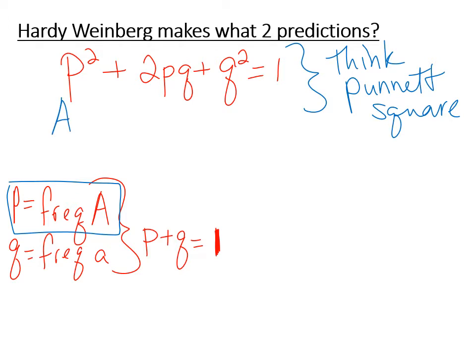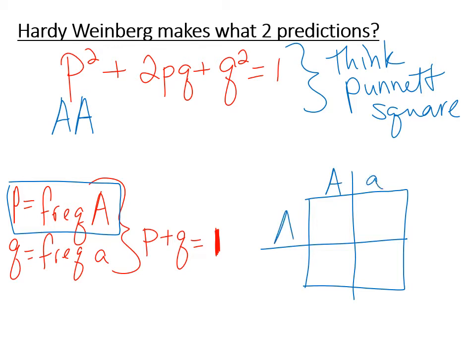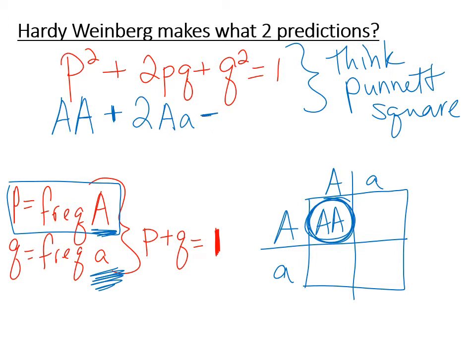P squared means capital A times capital A, which you know from your Punnett square, when we have 2 heterozygotes crossed, you have that one doubly dominant genotype possible. Then 2pq. Well, if P is capital A and Q is lowercase a, then what we're saying here is 2 capital A, lowercase a. Where have you seen that?